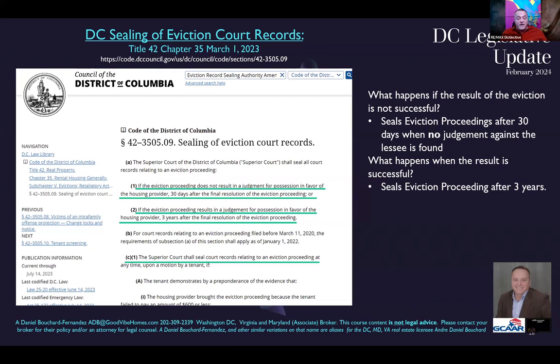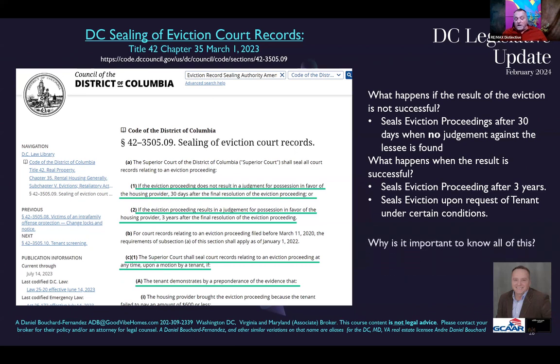The Superior Court shall seal court records relating to an eviction proceeding at any time upon a motion by the tenant, if the tenant demonstrates by a preponderance of evidence that, and there's a bunch of ifs, ands, and buts that I'm not going to get into.